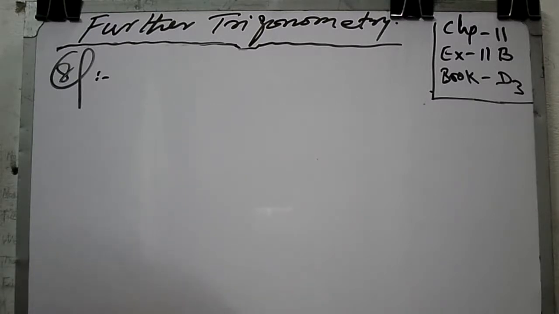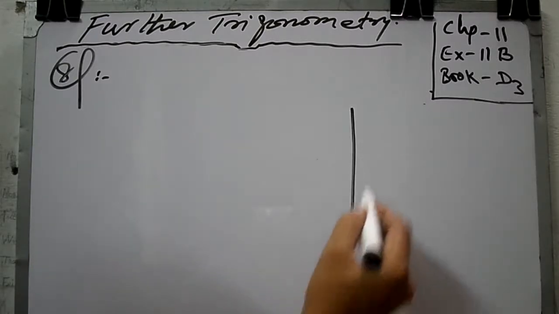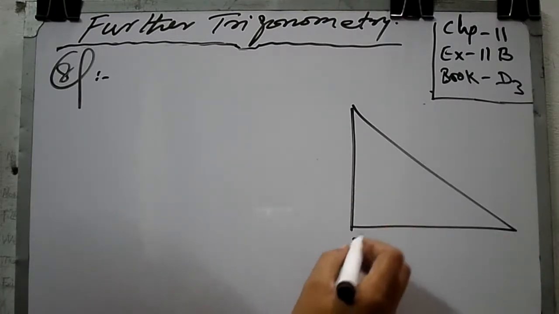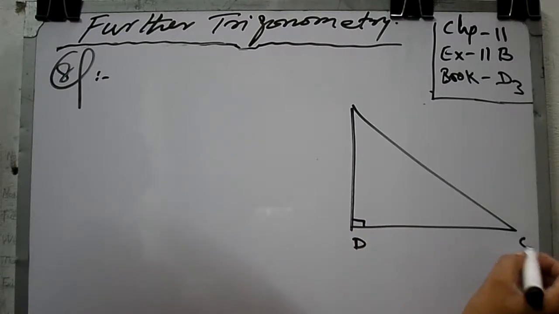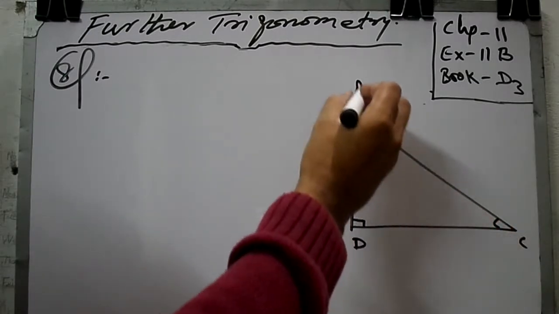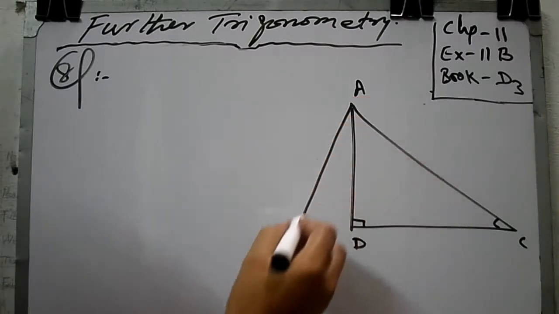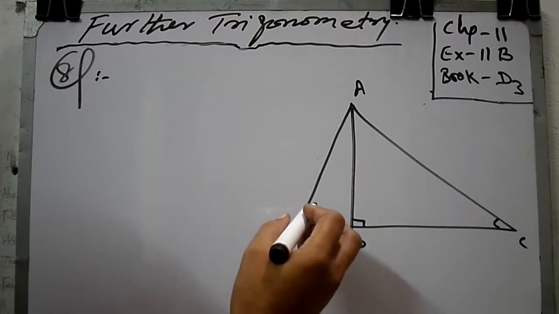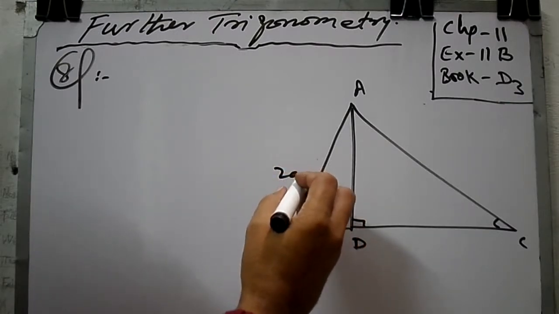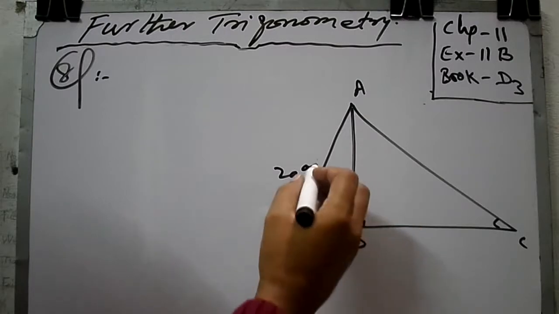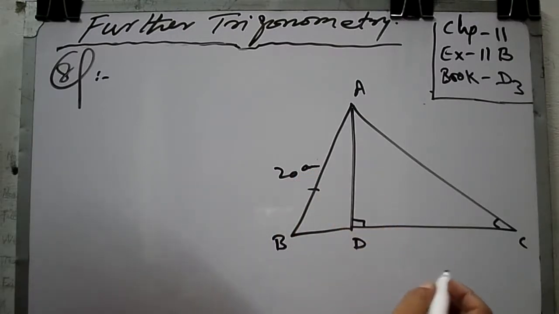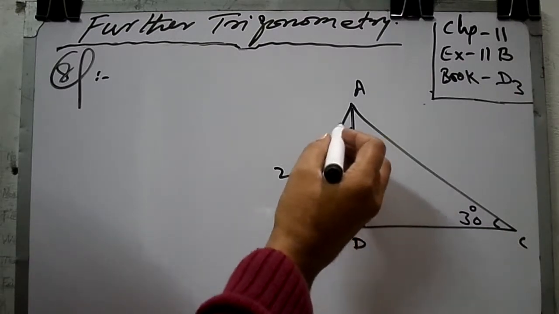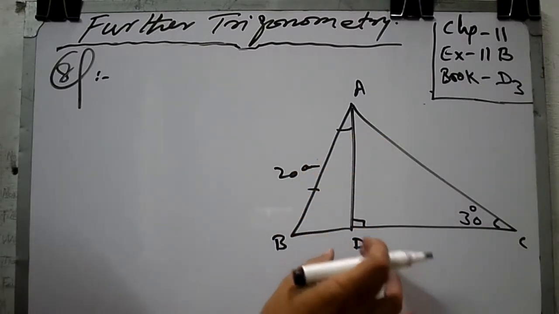First, we have to draw the triangle, that is your triangle, that is D, C, A, and then your 20 centimeters, and here is your 30 degree, and this angle, D angle, is 90.